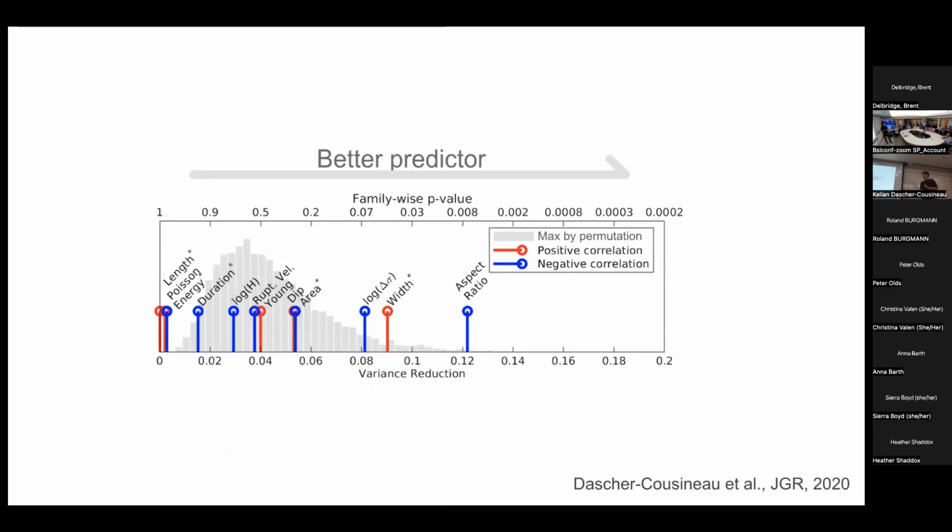This plot is a bit busy, but here I'm showing a linear regression against all of these source attributes in terms of the quality, the variance reduction, considering aftershock productivity.